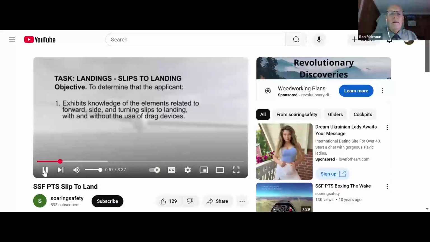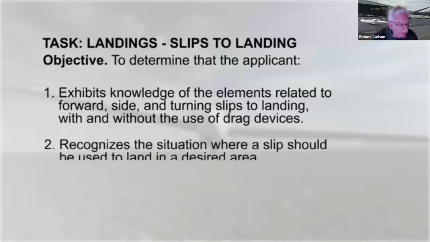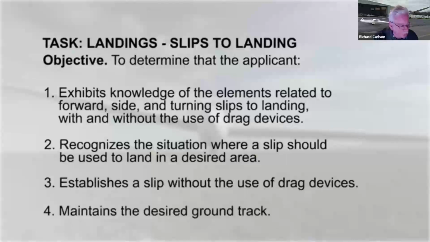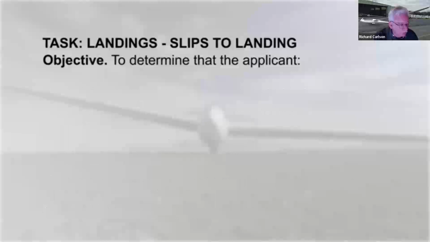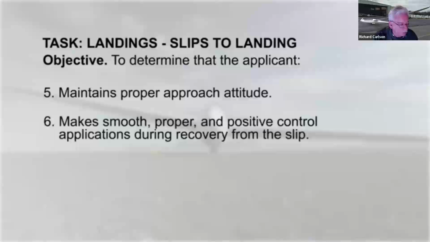Determine that the applicant: 1, exhibits knowledge of the elements related to forward, side, and turning slips to landing, with and without the use of drag devices. 2, recognizes the situation where a slip should be used to land in a desired area. 3, establishes a slip without the use of drag devices. 4, maintains the desired ground track. 5, maintains proper approach attitude. 6, makes smooth, proper, and positive control applications during recovery from the slip.